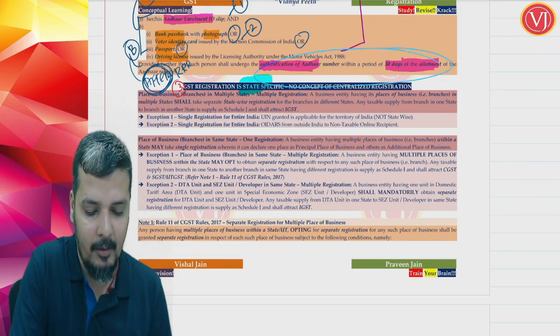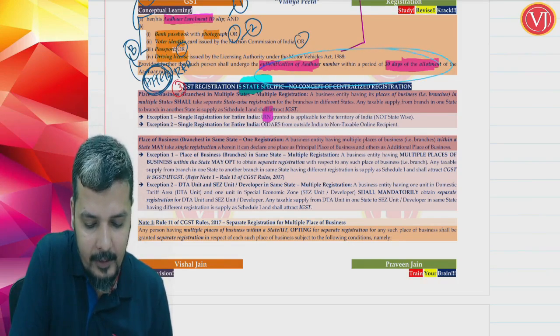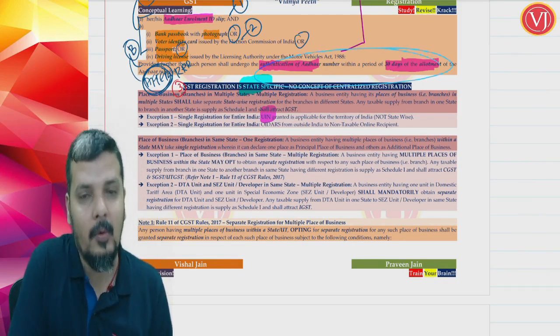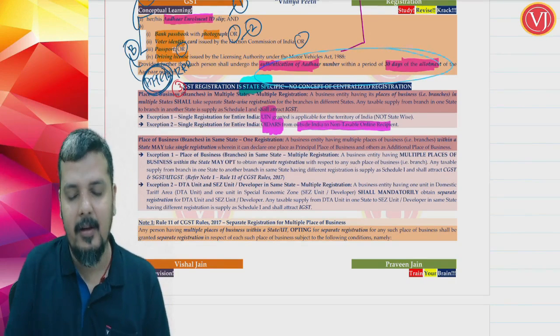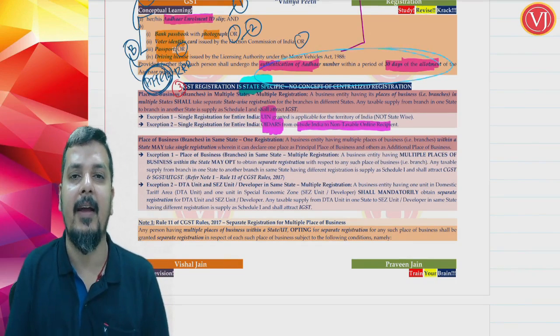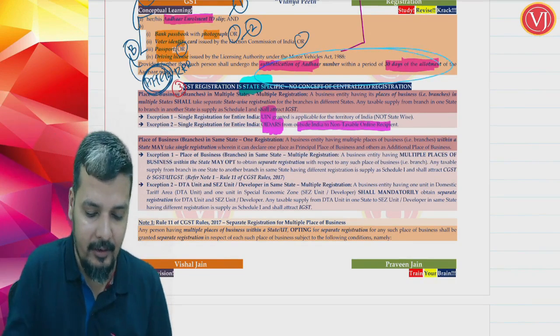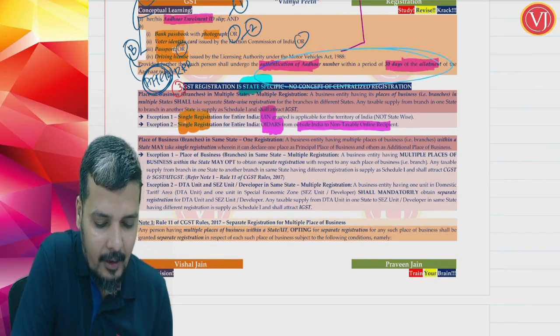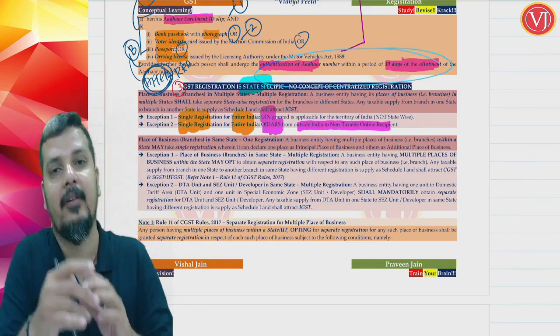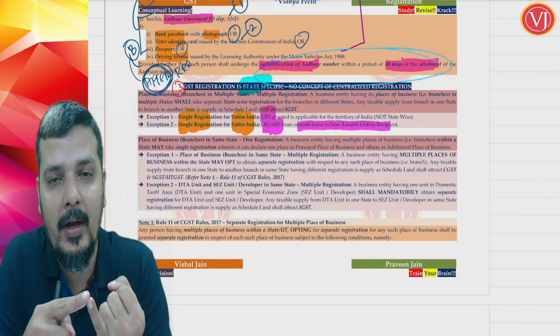When you are talking about your UIN, and your OIDARS from outside India to non-taxable online recipient, they get PAN India one registration. Single registration for entire India. Friends, it is not there for others. It is only for UIN.